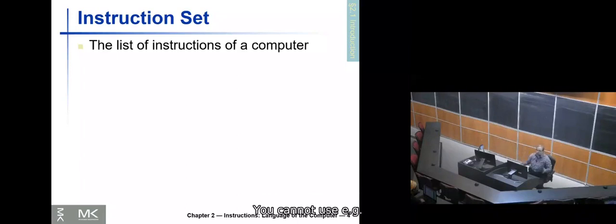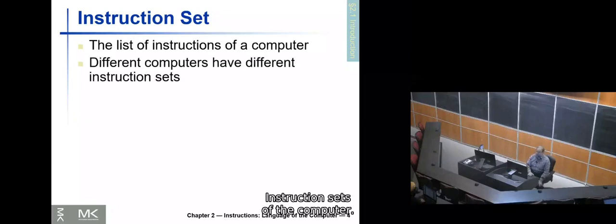You cannot use, for example, "sit down" in C language. C has its own keywords. So the list of instructions of a computer forms the instruction set of the computer.